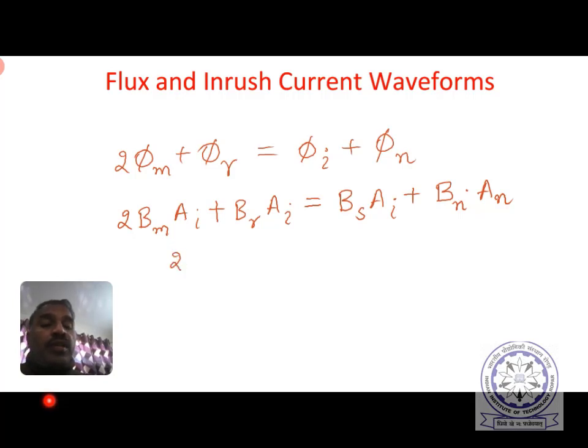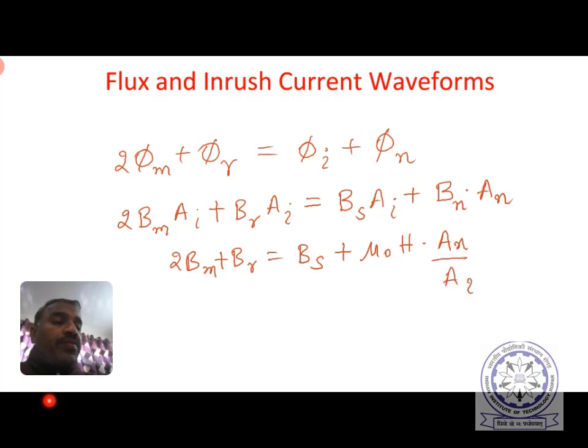So 2 Bm plus Br equals Bs plus Bn, again mu naught H into An by Ai.